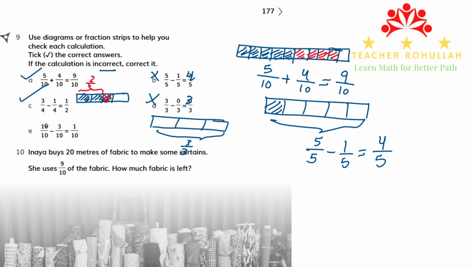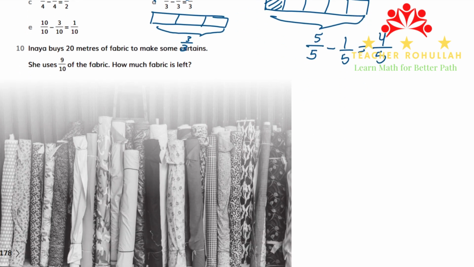In part E, we have 10/10 minus 3/10 equals 1/10. This is also wrong. Let me scroll down so that we have a bit of space here. If we have one whole which is having 10 equal parts, we can cut this into 10 equal parts.